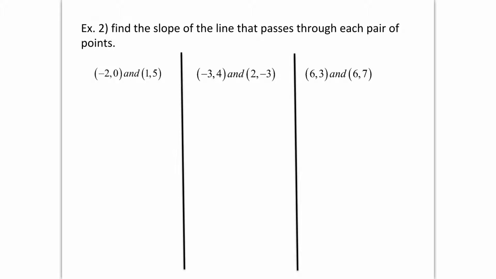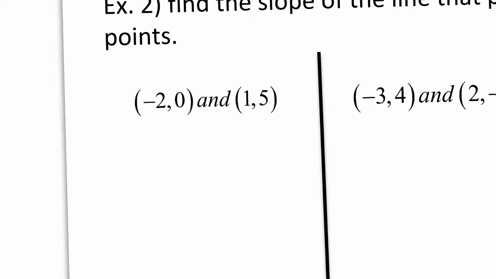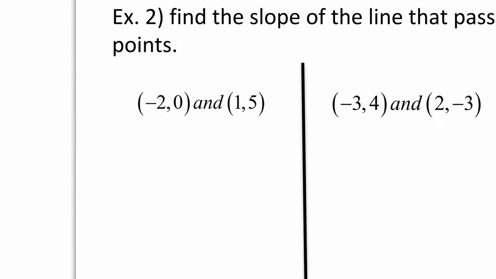So let's look at the first one, which is -2, 0 and 1, 5. So notice I don't have a graph, but I do have points. I'm going to write down the formula that we can use when you don't have a graph, and the slope formula is y2 minus y1 divided by x2 minus x1.